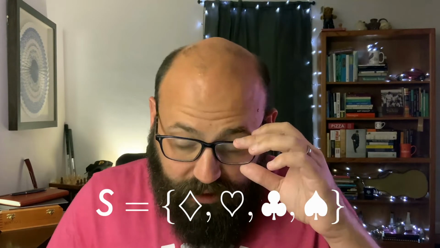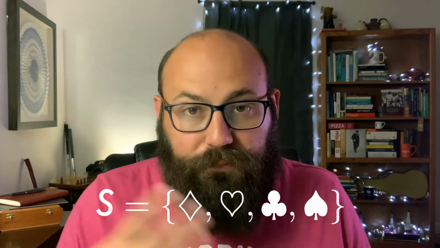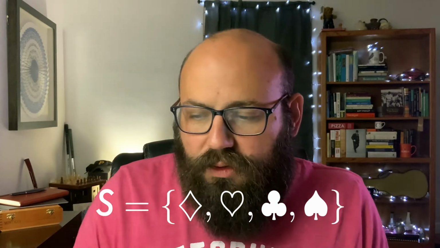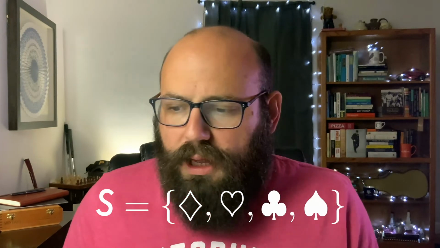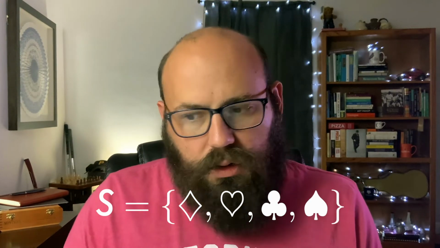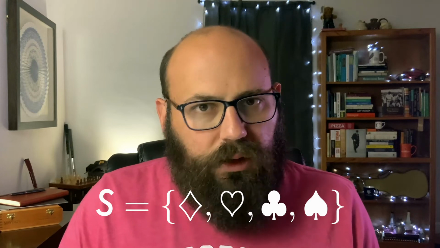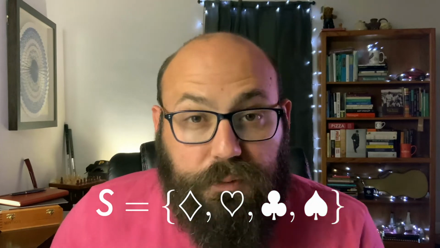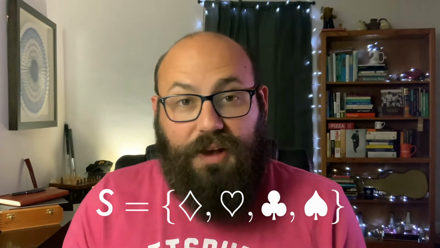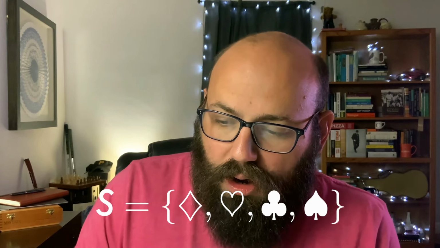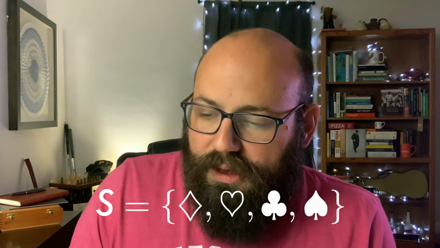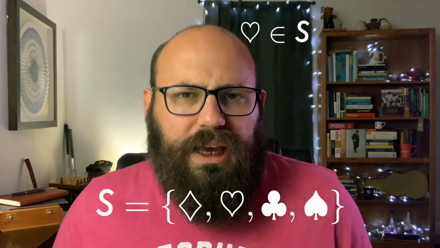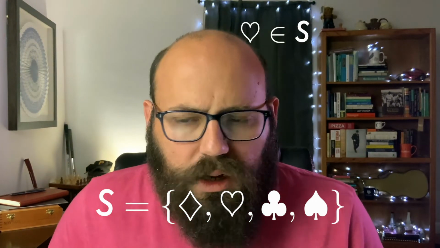I specified that this set S had these 4 elements in it: diamonds, hearts, clubs, and spades. I just defined S. And so each one of these 4 items in S is an element of S. If I want to express that with a statement, I can make statements that use S. I would write hearts, for example, is an element of S, where this little E-looking symbol means is an element of.